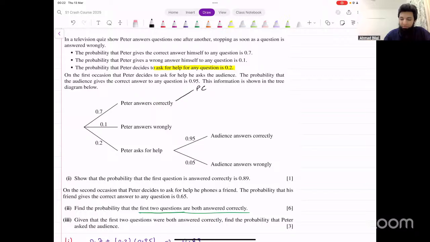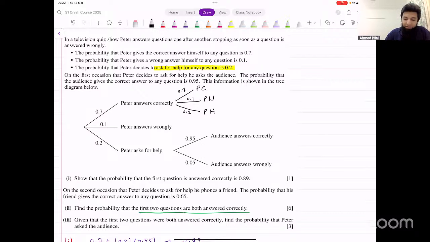So PC, okay? This is the probability of 0.7. Another possibility is that he answers the question wrong himself. That's 0.1. That's Peter wrong. And the third possibility is that he asks for help. Peter asks for help. What's the probability for that? That's 0.2.